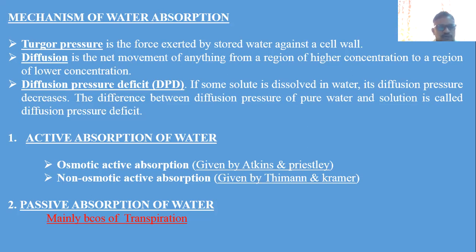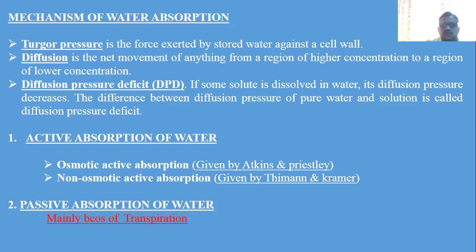Okay, where this is osmotic diffusion, and it reaches up to the endodermis. In the endodermis, water moves through the passage cells and reaches the pericycle, and it becomes turgid and their DPD is decreased. Okay, and this is the last step where the water is drawn into the xylem.